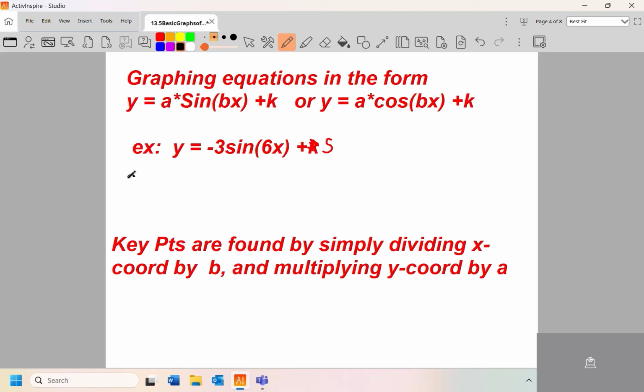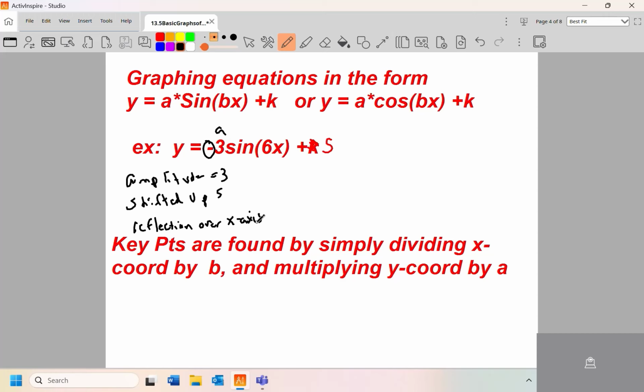Your amplitude is now 3, because this is the letter A. K is 5, so it has been shifted up 5. There's a negative out front, which is a reflection over the x-axis. So instead of sine rising in this example, sine would fall.